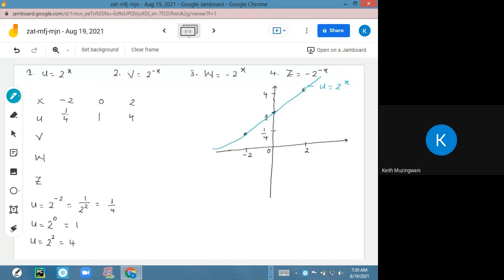We're emphasizing that for any value of x that we place there, the fact that 2 is not 0, we can never get 0 as our u. That's why this x-axis has become an asymptote. Normally an asymptote is denoted using dots, but for the x-axis, you can just show that the graph will never touch there. There's no harm.